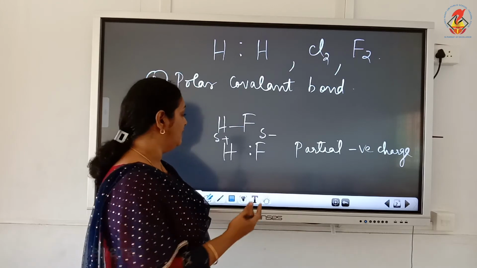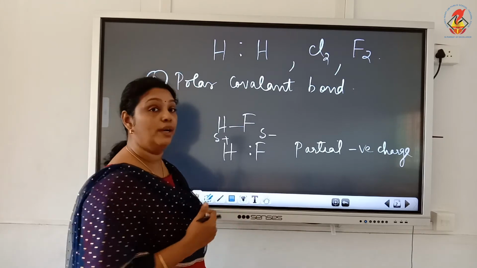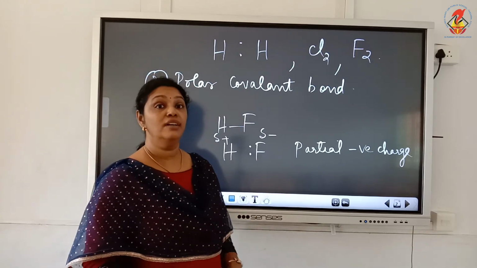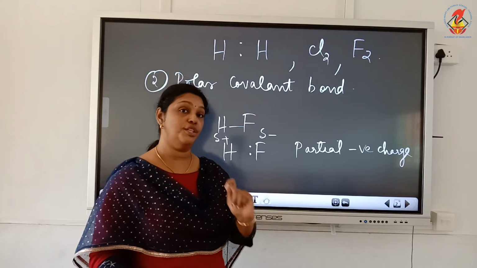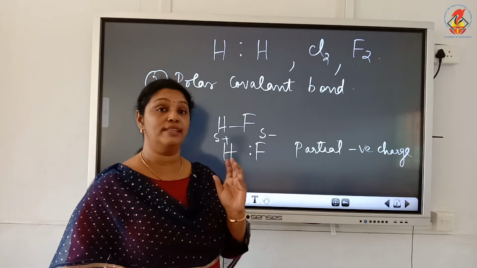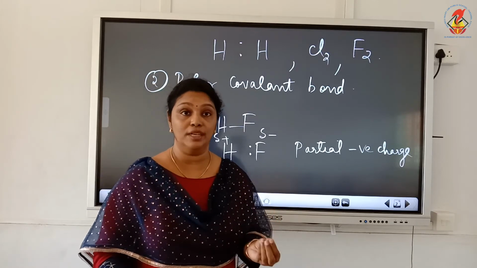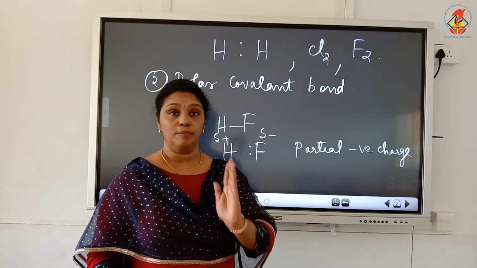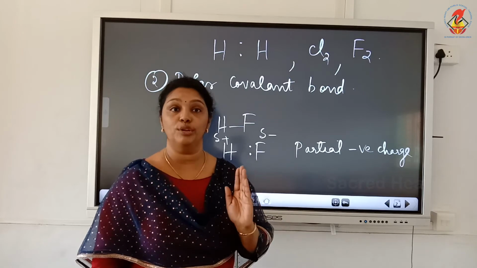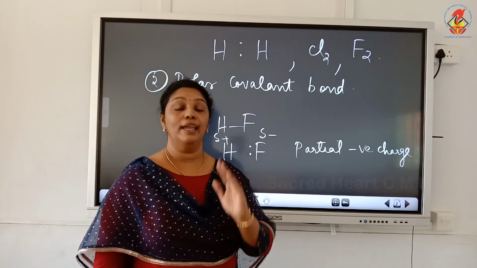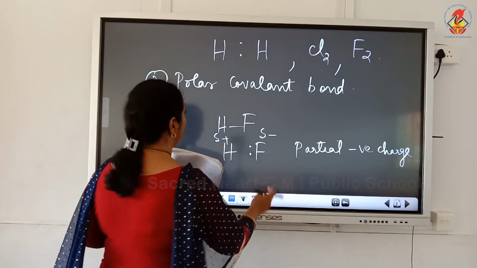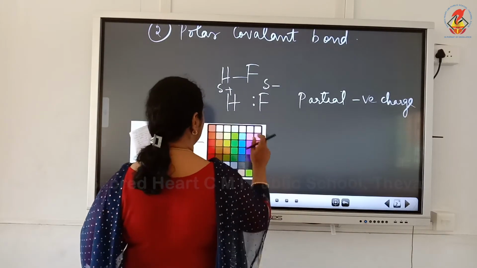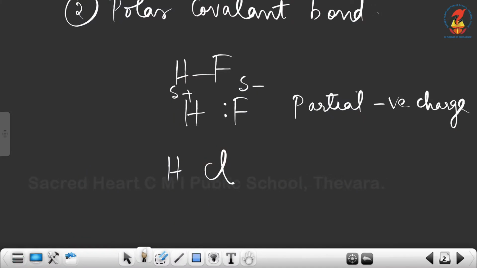So we can say that this is an example of a polar covalent bond. Here, this covalent molecule possesses some partial ionic character. And how is that partial ionic character observed? By the displacement of the bonded electron pair towards the highly electronegative atom. Another example of a polar covalent bond is HCl, hydrogen chloride.